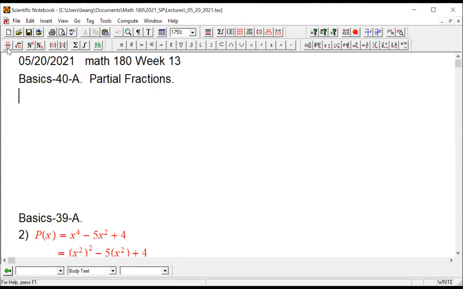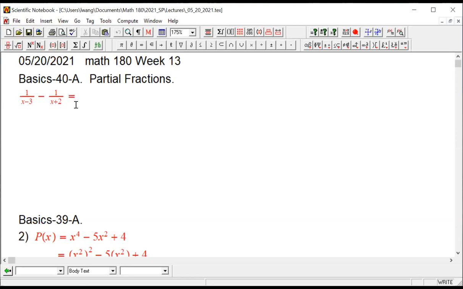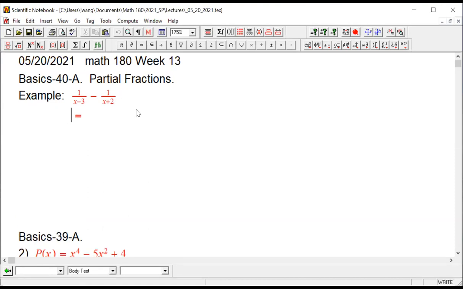the partial fraction is basically an idea. For example, if we have x minus 3, say minus 1 over x plus 2, right? We know how to handle this case, don't we? It's just an example. How do we handle this? This is an expression, right? You will normally find the common denominator.